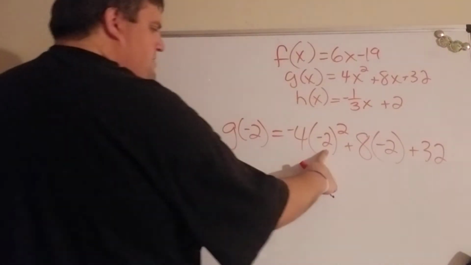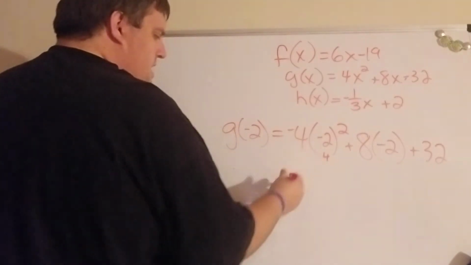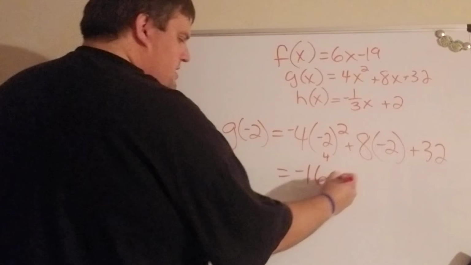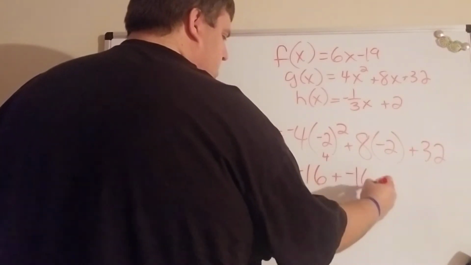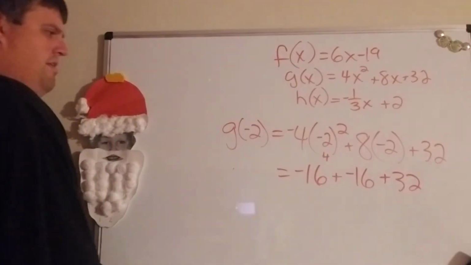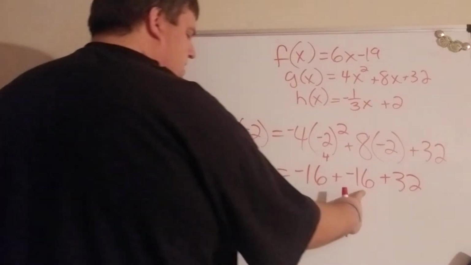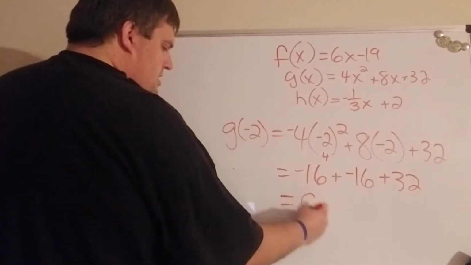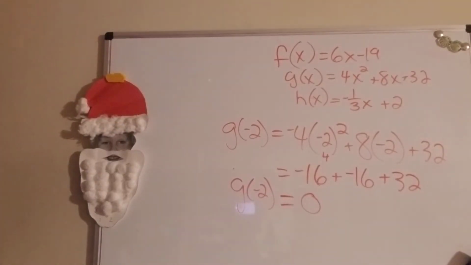And then let's see, negative 2 times negative 2 is 4. 4 times negative 4 is negative 16. 8 times negative 2 is also negative 16. Plus 32. All right. And then negative 16 plus negative 16 plus 32 is just 0. So g of negative 2 is going to give you 0.